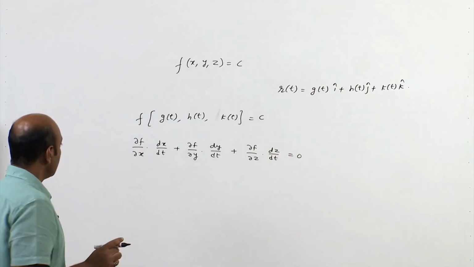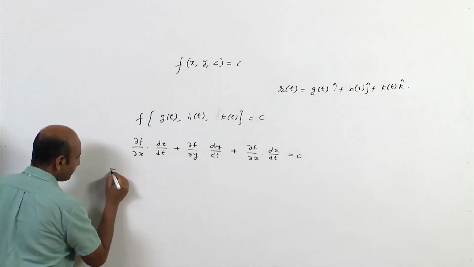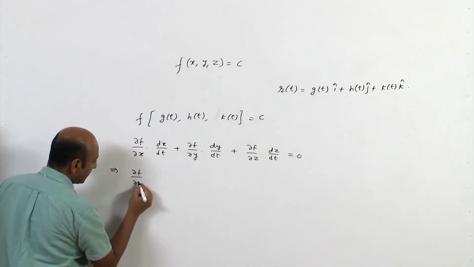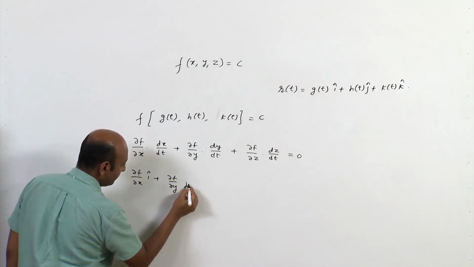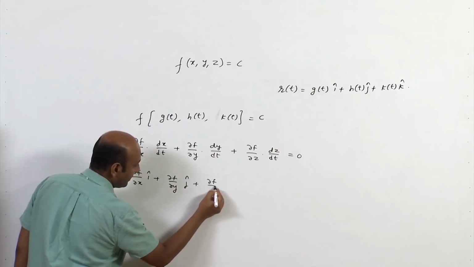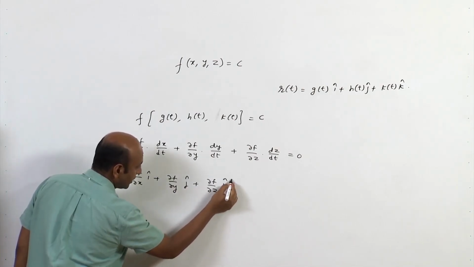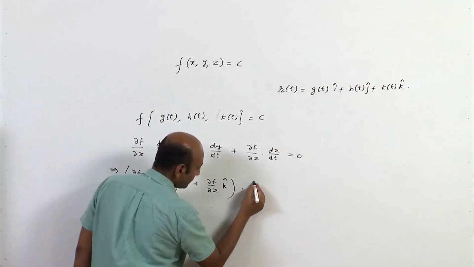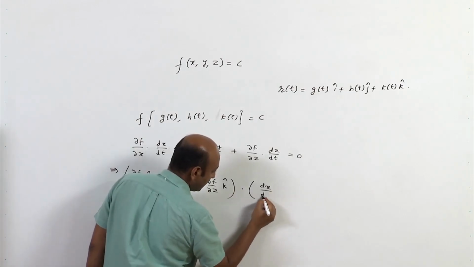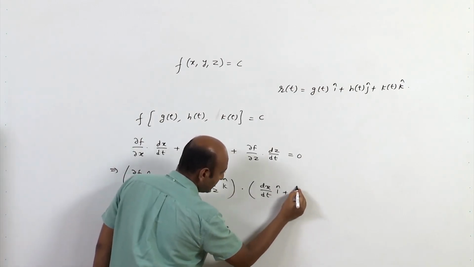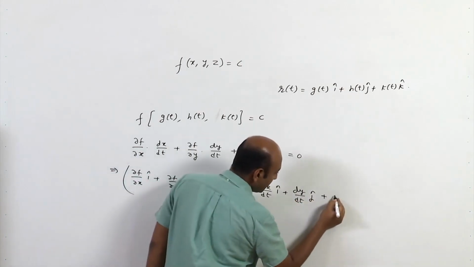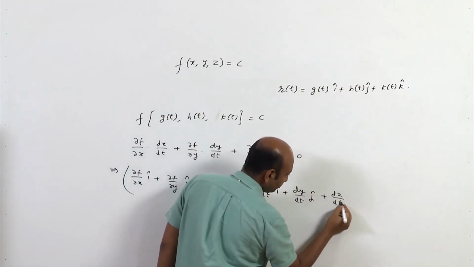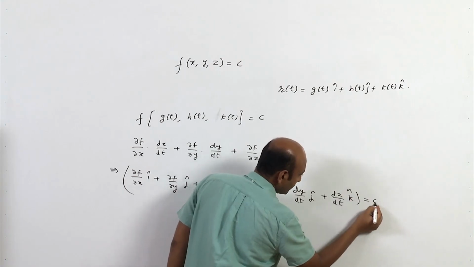Now this can be written as del f by del x i cap plus del f by del y j cap plus del f by del z k cap, dot with dx by dt i cap plus dy by dt j cap plus dz by dt k cap, is equal to 0.